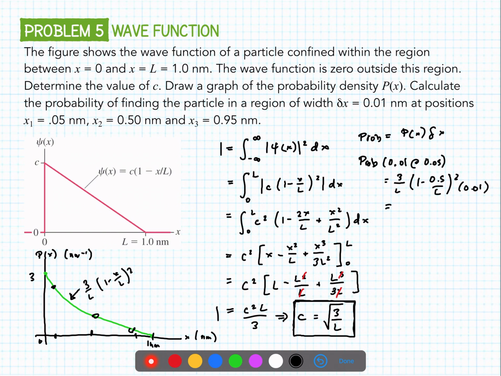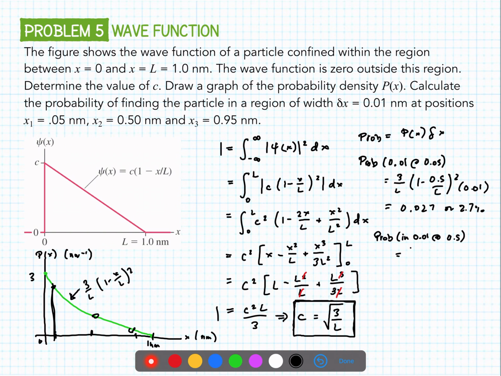When you plug in all these values, this should give you something like 0.027 or 2.7%. So your probability of finding it here should be 2.7%. So we can repeat this for the probability that we're in 0.01 at 0.5.